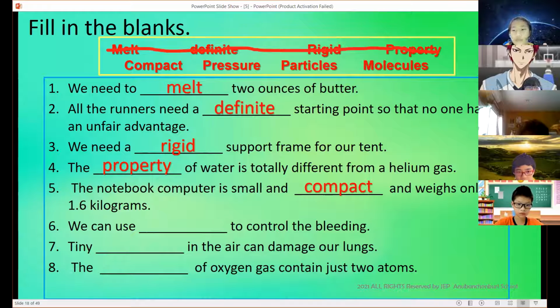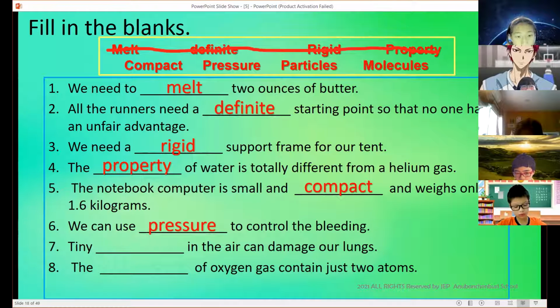Pressure. Okay, yeah, we can apply pressure to control the bleeding. If somebody was shot or has some injury and the blood is coming out, you need to apply pressure so that the blood will not come out anymore. All right. The word is pressure.